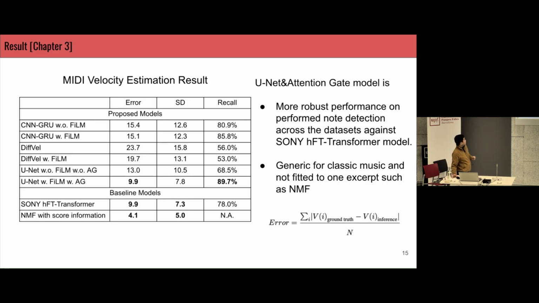But the DNN-based model is generic across all excerpts. So this is the biggest pro and con. I would say the DNN is more generic for classical music, but not fitted to each excerpt, such as non-negative matrix factorization.